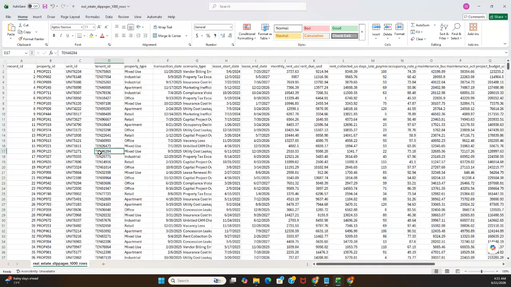So here, when you're looking into this real estate data, you have record ID, property ID, which obviously has something to do with real estate.